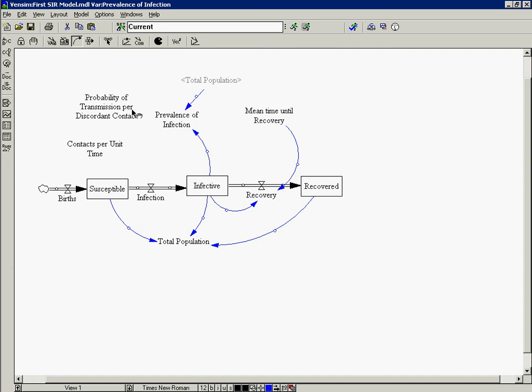Okay? So we want to enter the formula for the number of people being infected per unit time. Well, what does that depend on? Can anyone tell me? I've given you one hint. Okay, what else does it depend on? Contacts per unit time, and what else? Okay, good, thank you. And we'll give them a nice curvy look.